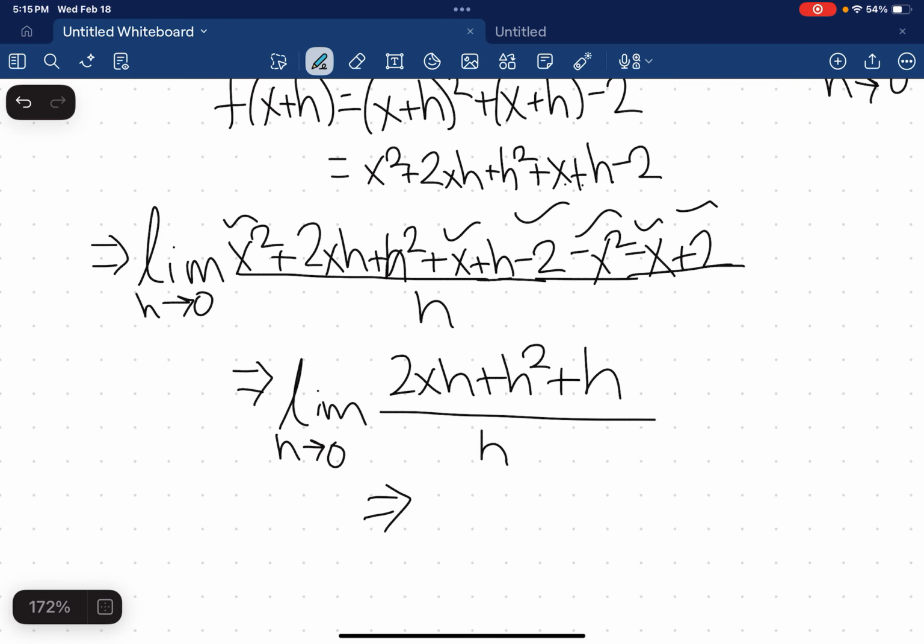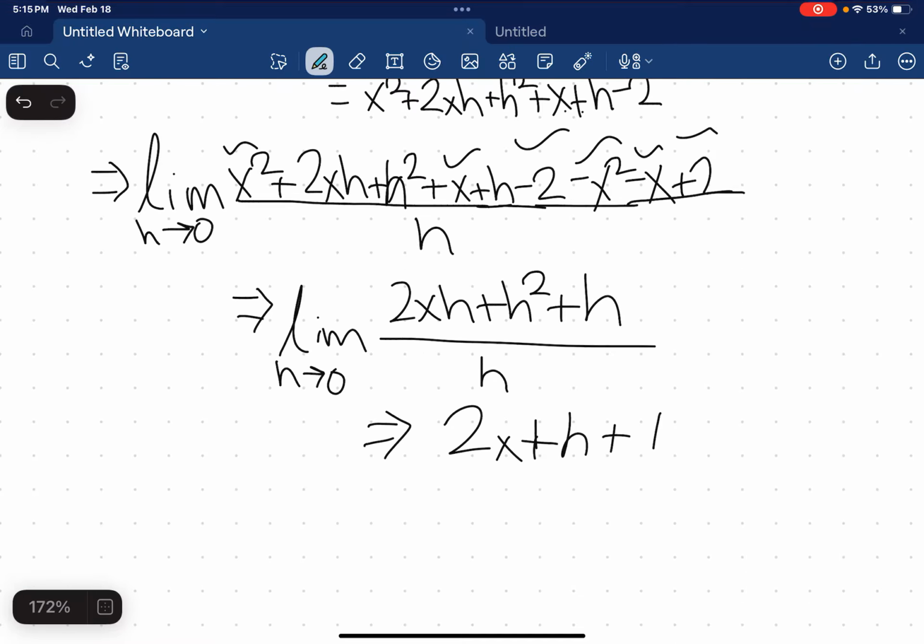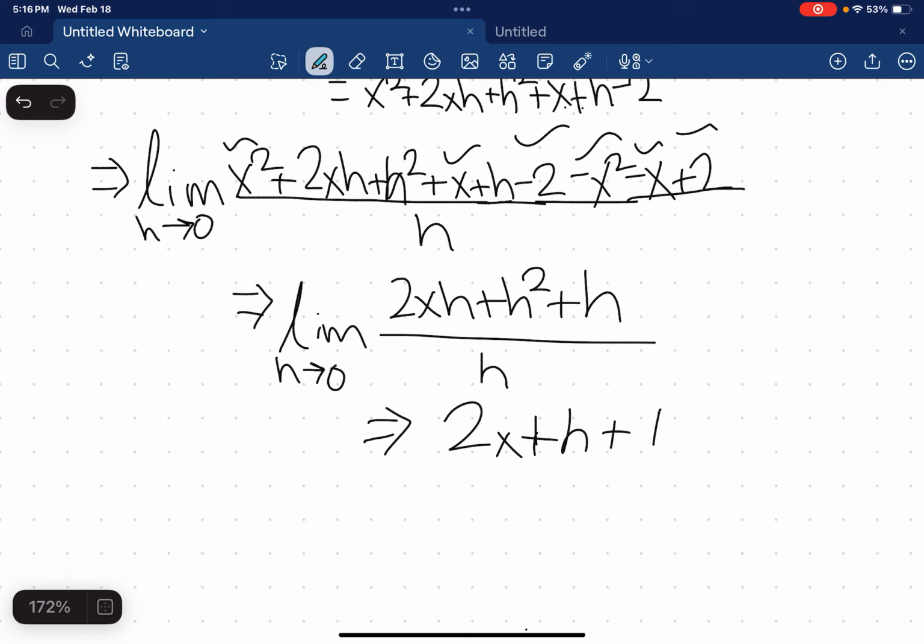Here, that happens pretty easily, where we're just left with 2x plus h plus 1. Now, as h approaches 0, h is going to be equal to 0, air quotes, because it's not actually equaling 0, but it's getting close enough. We can kind of just cancel that out, and we get left with the derivative equal to 2x plus 1.